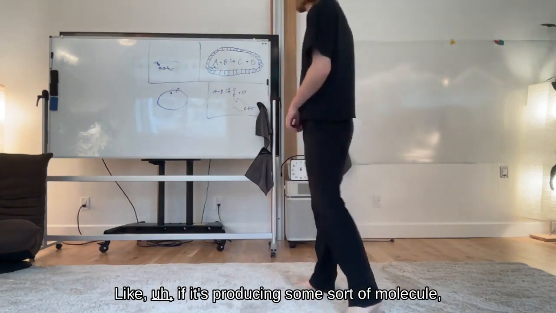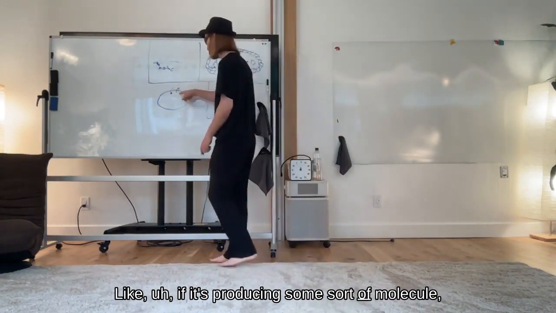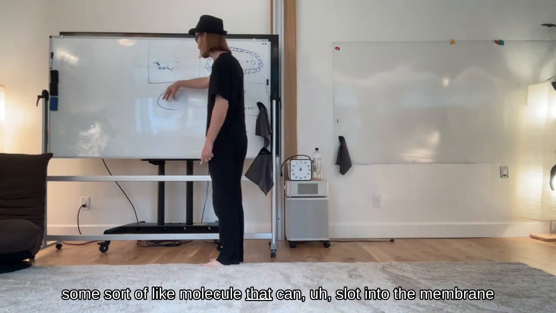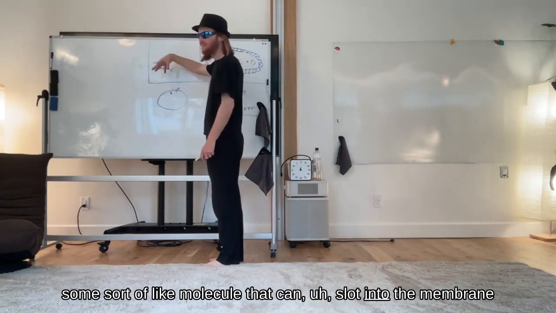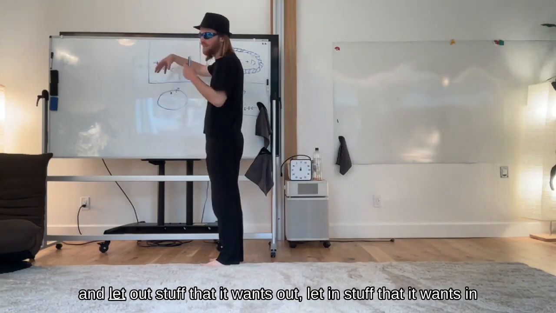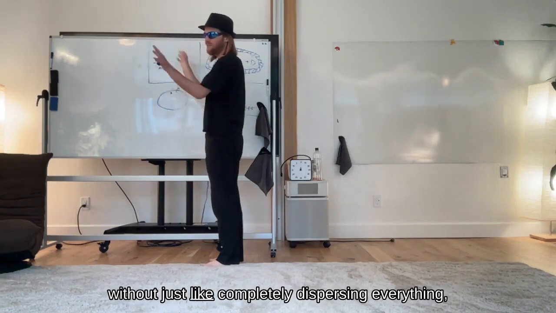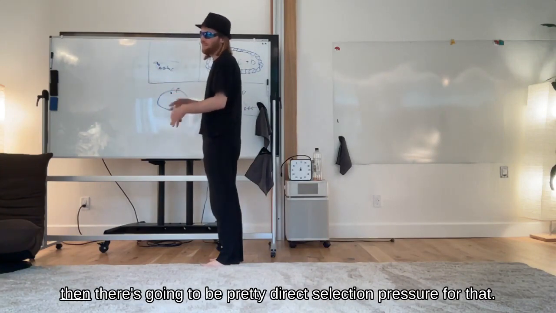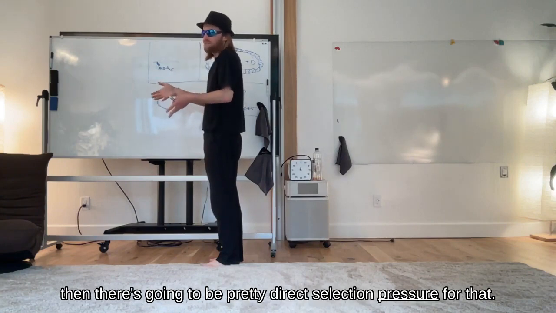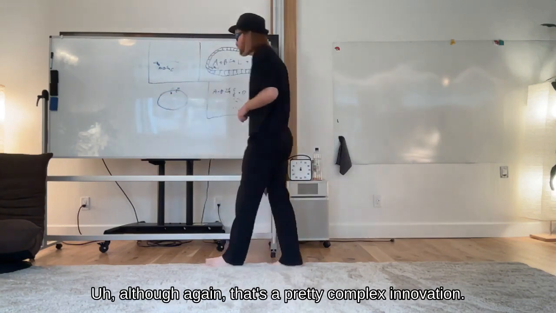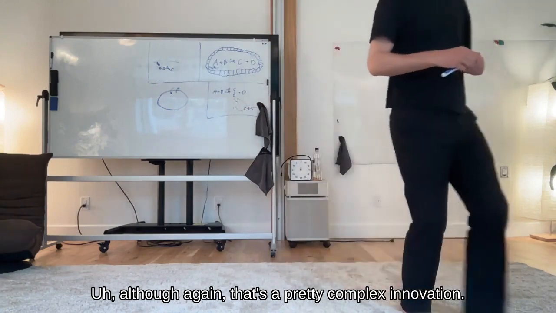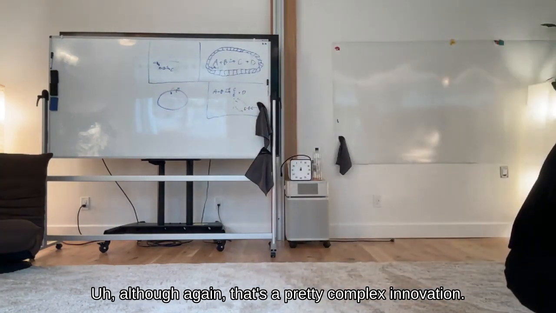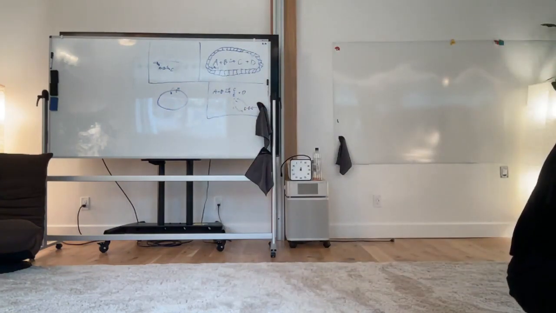If it's producing some sort of molecule that can slot into the membrane and let out stuff that it wants out, let in stuff that it wants in, without completely dispersing everything, then there's going to be pretty direct selection pressure for that, right? Yeah. Although again, that's a pretty complex innovation.